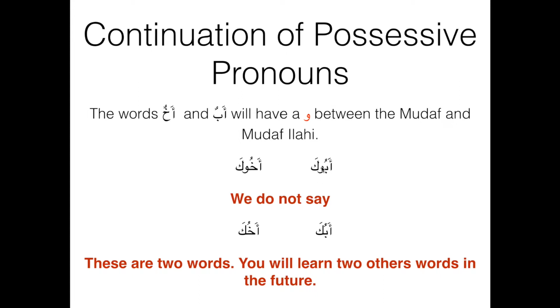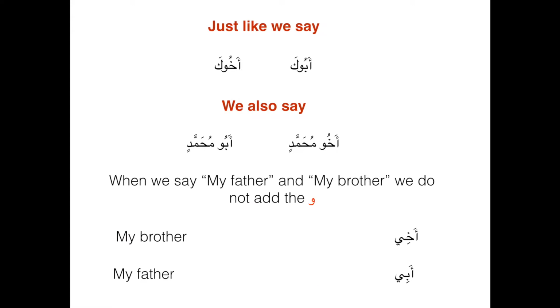We add the waw between the noun and the suffix, the possessive pronoun. So we do not say abika or akhika. Over here we say abuka, akhuka. So we add the waw between the noun and the possessive pronoun. This is only in these 2 words, and we'll learn 2 other words later on.